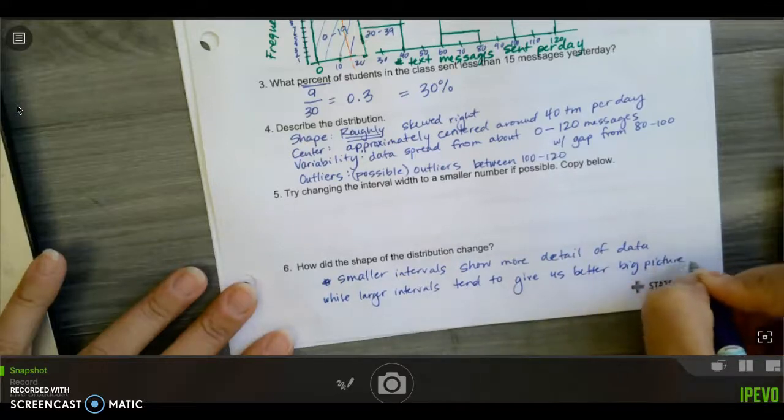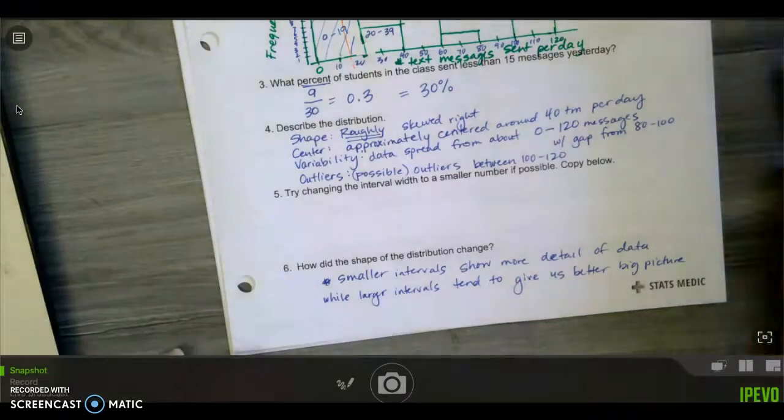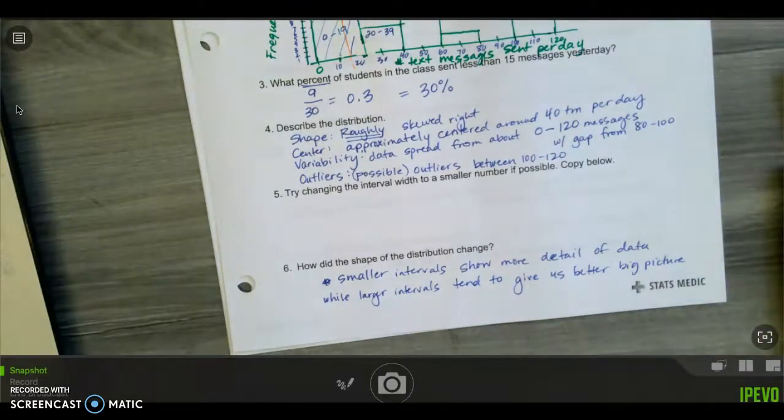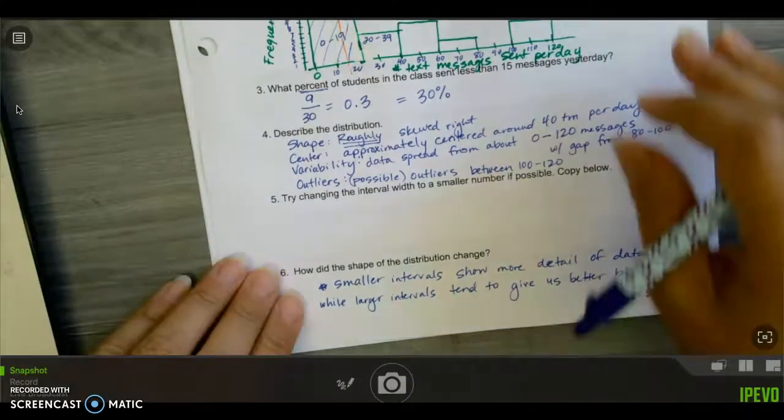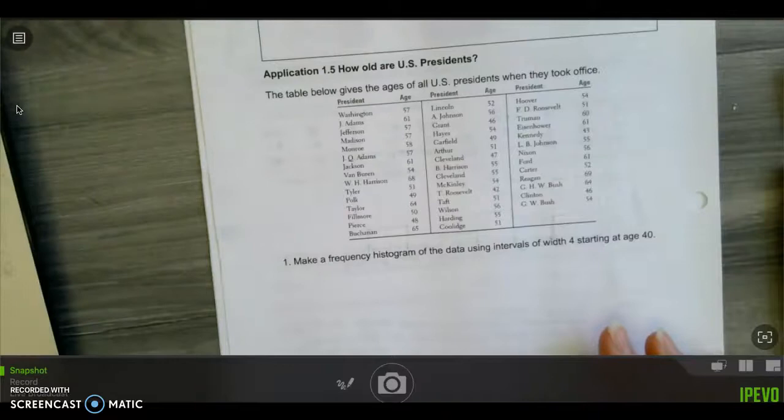Okay, and this is generally speaking because every data set is going to be different. So we have to understand that if we change the interval, it can show us more or less of one of these things. Okay, so now let's flip it over and get our big ideas from this lesson.